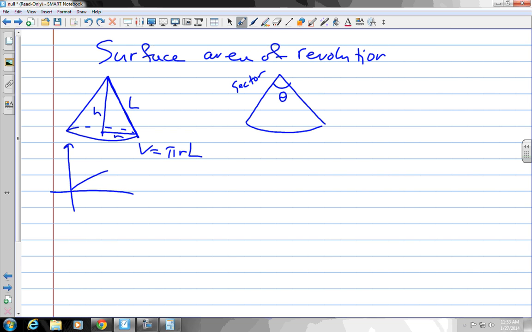The thing here, there's a nice way to represent L using h and r. They'll come in handy, right? Just by the Pythagorean theorem, we'll get that. Let's just use A. So the surface area of this thing is pi r times the square root of r squared plus h squared.